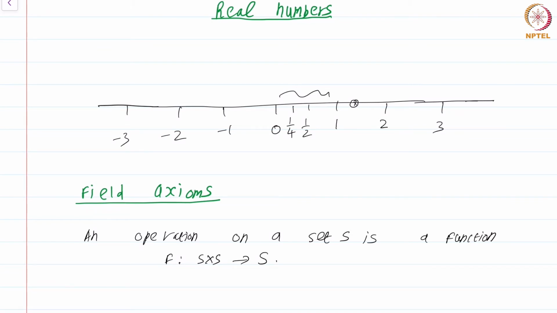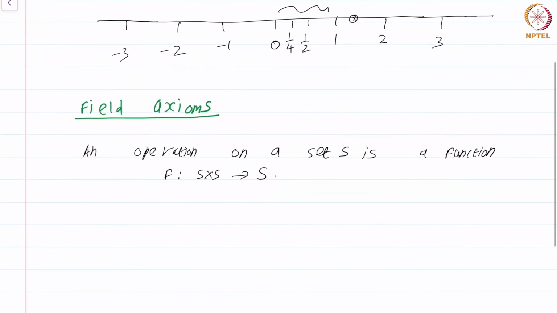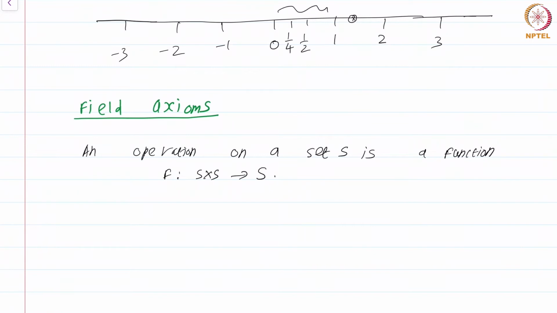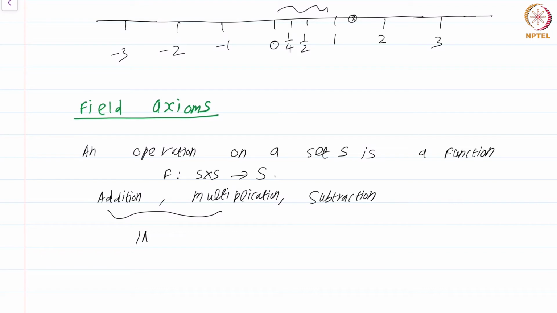Now there are several operations you are already familiar with in a disguised notation. Addition is an operation, multiplication is an operation, subtraction is an operation. These are all operations defined on various sets. You can define addition and multiplication on the natural numbers and integers.